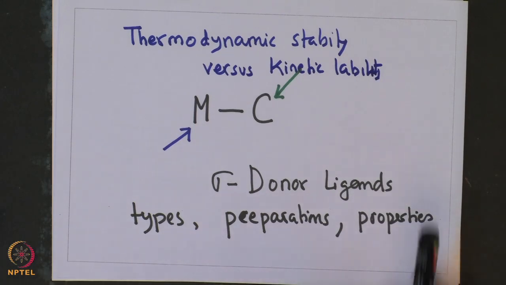What I must mention here is that organometallic compounds are extremely sensitive to air and moisture and difficult to handle, so there is a false perception that these compounds are largely unstable thermodynamically.